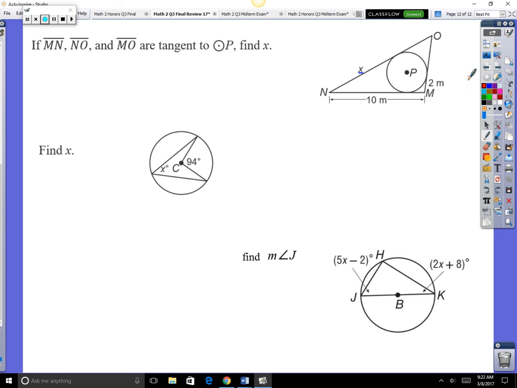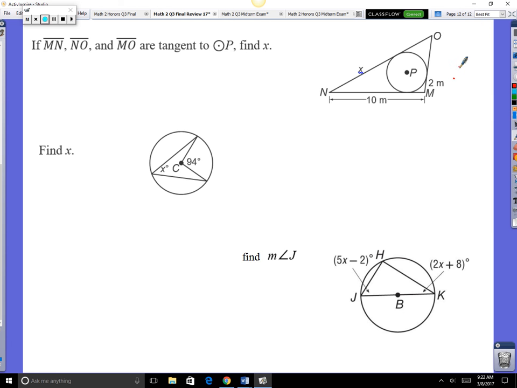Okay, three more problems. Let's do the top one. If MN and NO and MO are tangent to the circle P, find x. So let's see. This is tangent. This is tangent. Okay, now look.